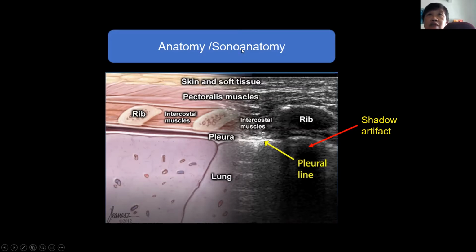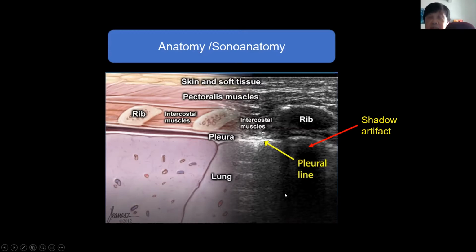The sono anatomy is gray, black, and a bit of white differentiation. The rib, because the ultrasound waves cannot go through it, casts a dark shadow artifact beyond it. The pleural line is here, marked in yellow, and we can see it moving. I'll show you, it is sliding. In between are the intercostal muscles.